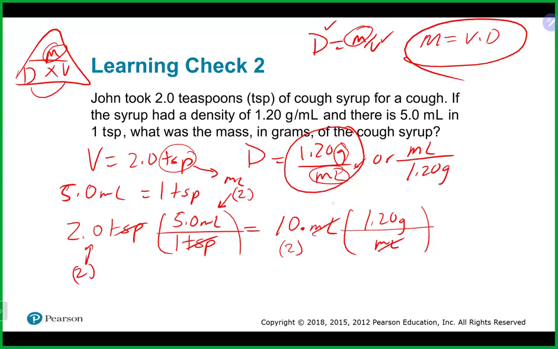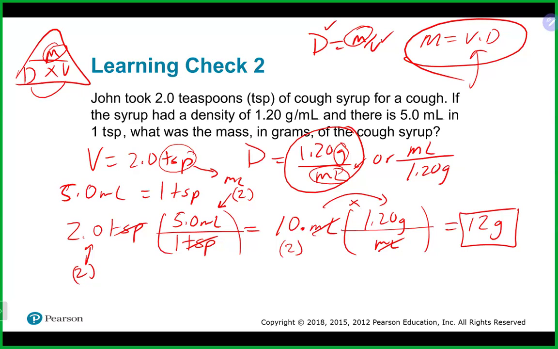Milliliters will cancel. We're going to multiply what's on top. We really have nothing on the bottom to divide by since it's really 1. We multiply that, and that will get me 10 times 1.2, which is going to give me 12 grams, right? And again, I pretty much did the rearranging of the density equation without even using the density equation, thinking of it more just as a conversion factor.